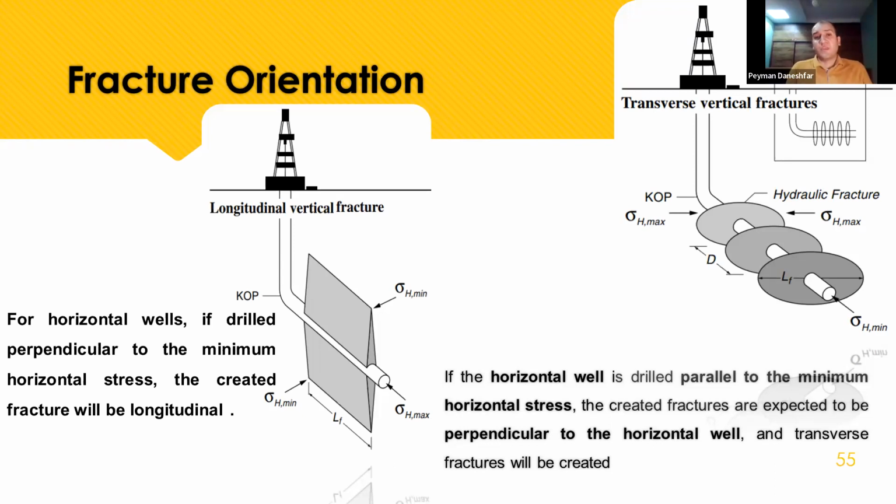And if the horizontal well is drilled parallel to the minimum horizontal stress, the created fractures are expected to be perpendicular to the horizontal well, and transverse fractures will be created.